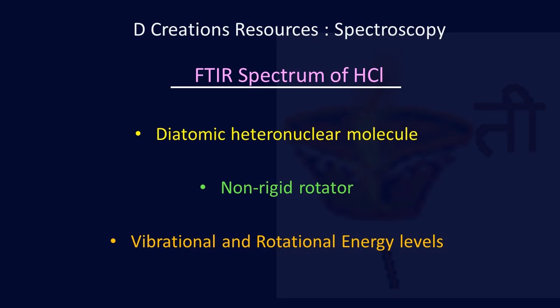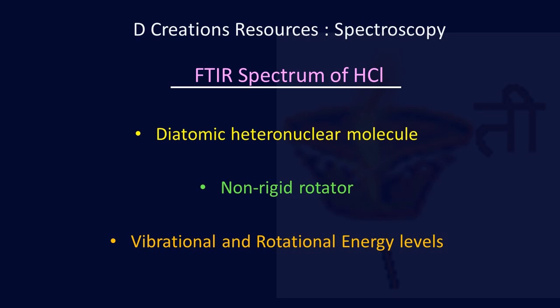And as you know, the equation for nu is given as 1 upon 2 pi under root k by mu, where mu is the reduced mass, which is given as the product of the two masses m1 and m2 divided by the sum of the two masses, m1 plus m2. And nu is the classical vibrational frequency of such an oscillator.